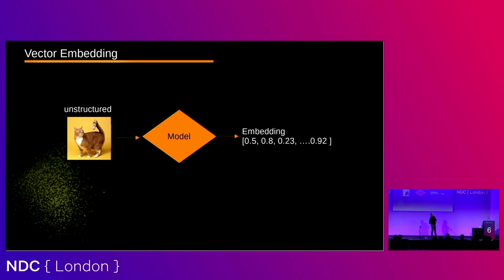And these float numbers you can more easily store in a database than a picture of a cat. And these embeddings contain all the labeling, which I come to later, that the machine learning model is in. So there is a way you can use machine learning models to create a numerical representation of unstructured data.